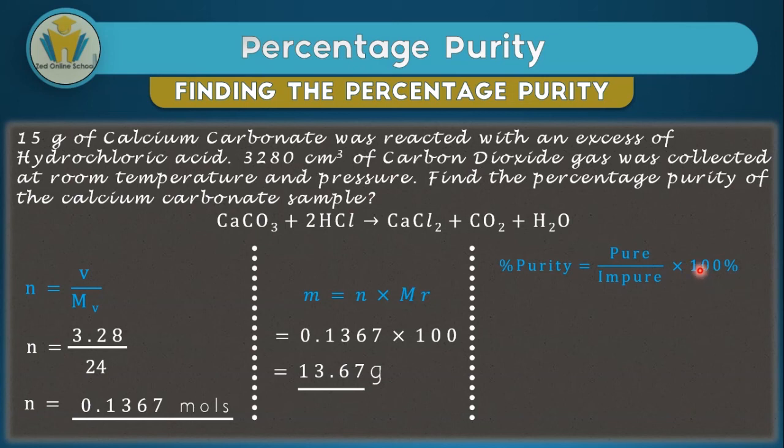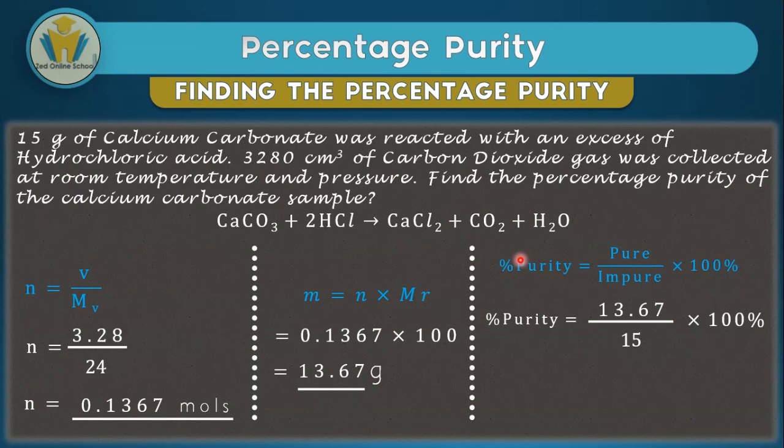As you can see, the pure amount of substance of calcium carbonate that can produce this is 13.67. Therefore, percentage purity will be equal to 13.67 divided by the impure 15 there. The 15 grams of calcium carbonate had impurities. Therefore, the fraction here multiplied by 100% is going to give us the percentage purity.